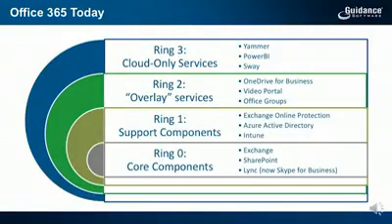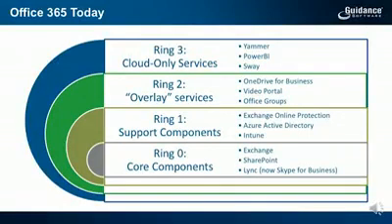At ring one, you've got a series of support components, which in some cases are optional, things like Intune. Certain customers use it, certain ones don't. Others, like Exchange Online Protection or Azure Active Directory, a much larger set of customers use, or maybe all customers use. So these are support infrastructure, if you like. They're equivalent to the antivirus or anti-spam products that you would run on your own network.